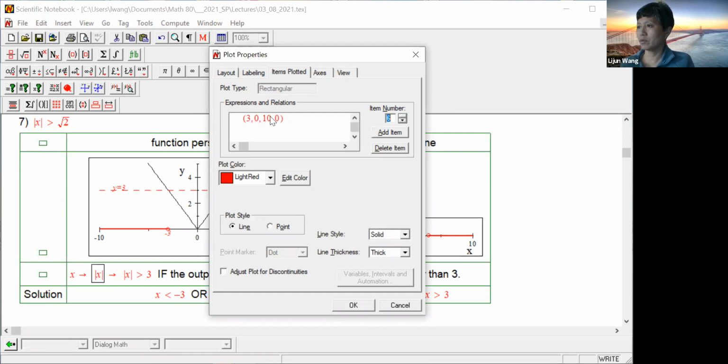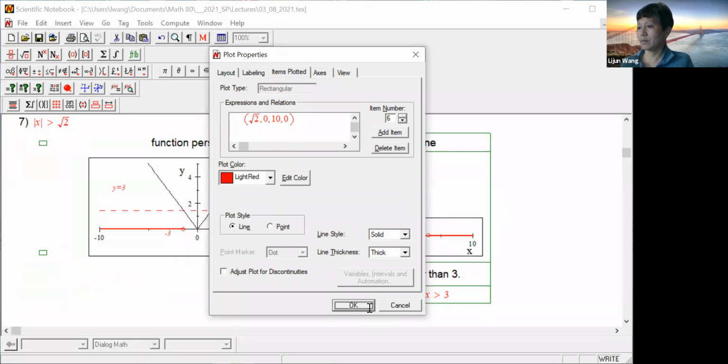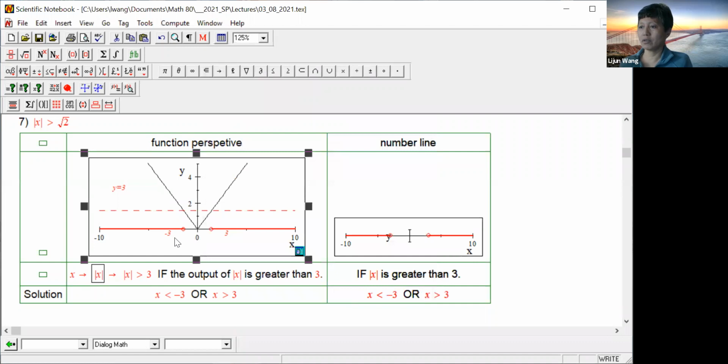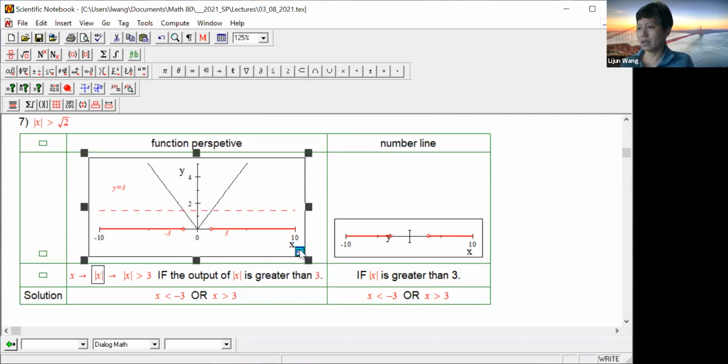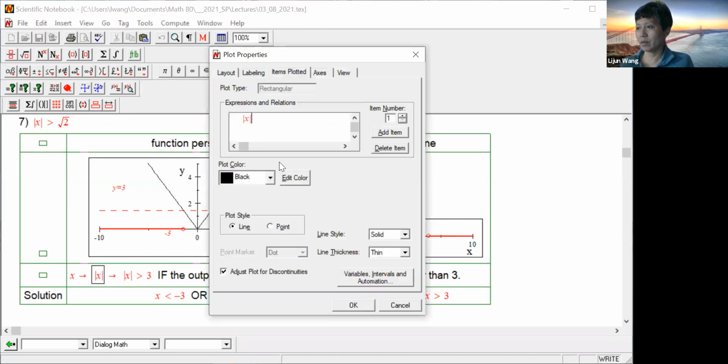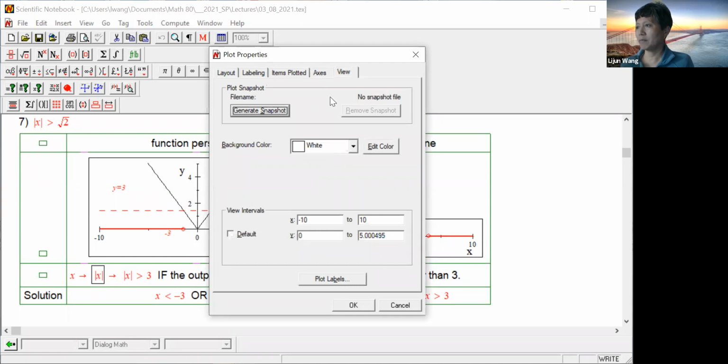Of course, I will remove these other things, the -3.